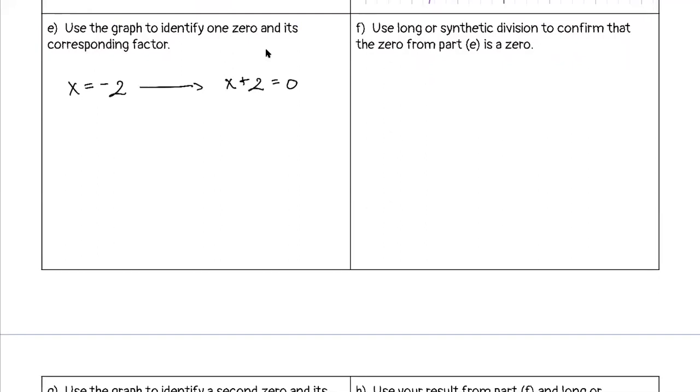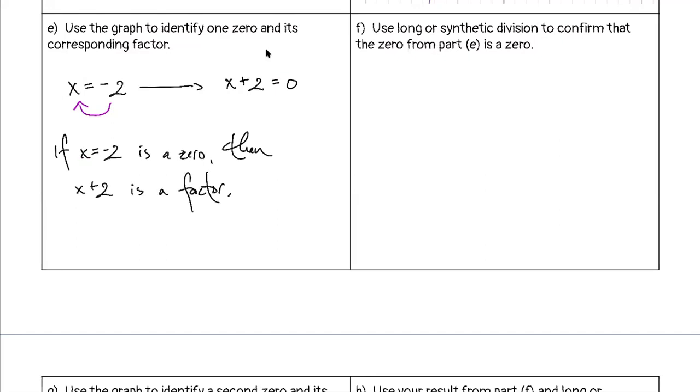So all I did was take this -2 and move it to the same side as the x. So what we can say is if x equals -2 is a 0, then x plus 2 is a factor. All right. So for those of you who like word explanations better than symbols, this sentence might be helpful: if x equals -2 is a 0, then x plus 2 is a factor.